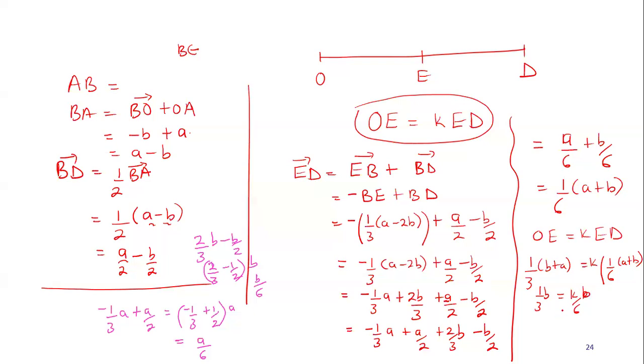That is one alternative. Another alternative is to say this is a third B plus A, and this side I have K out of 6 B plus A. Since these two vectors are the same, I can have this and this equated. Alternatively, get an individual vector B and B.